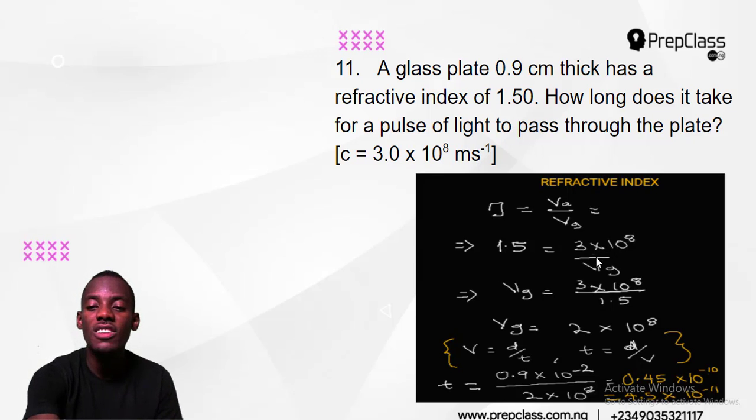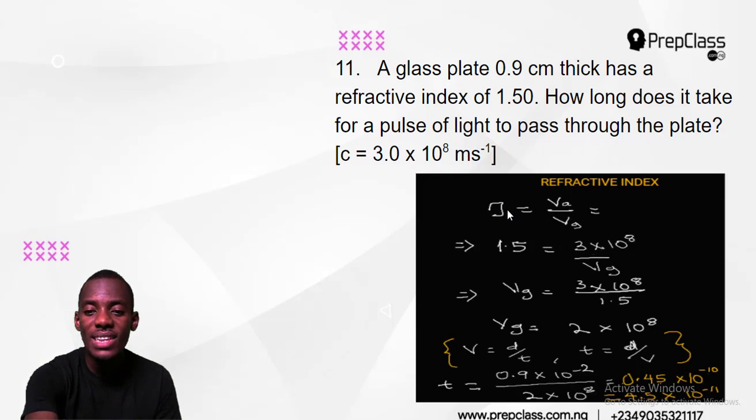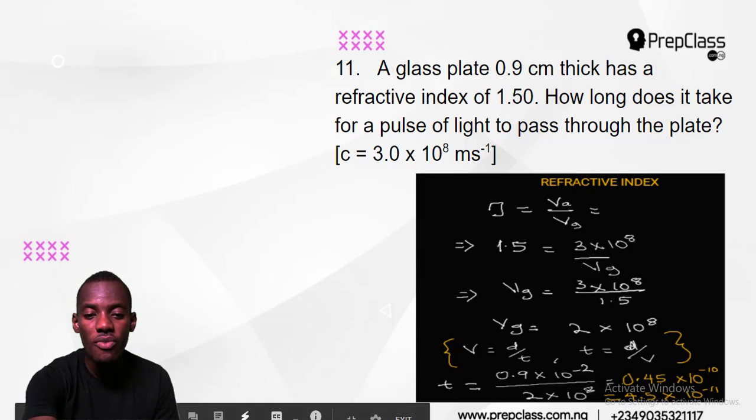Then the speed in glass is what we have to first of all find before we can find time. So first of all, the refractive index is 1.5. The speed of light in air is 3 times 10 to the power 8. The speed in glass we don't know, because they spoke of glass plates. So we have to find that first.